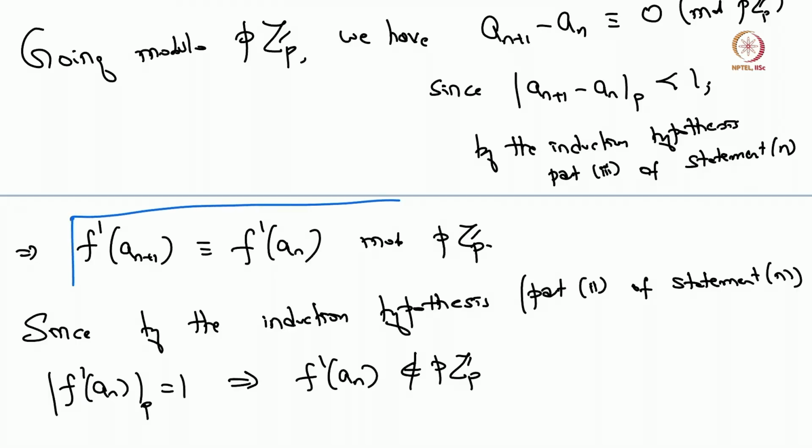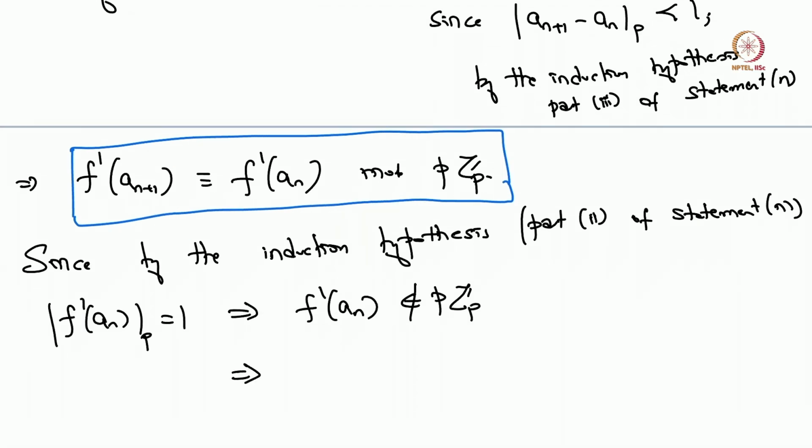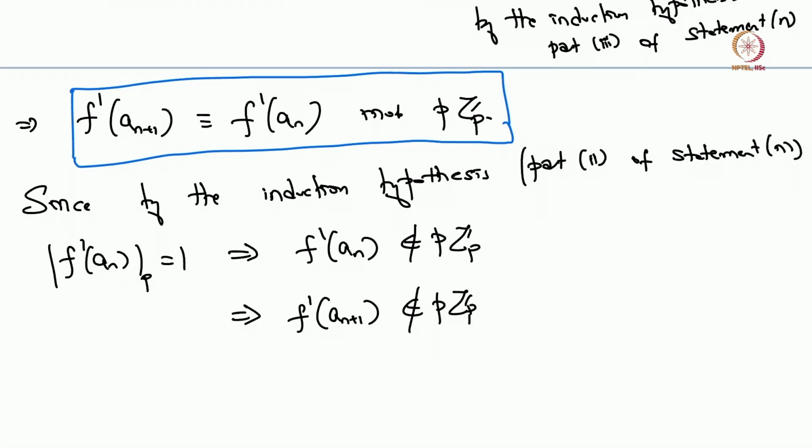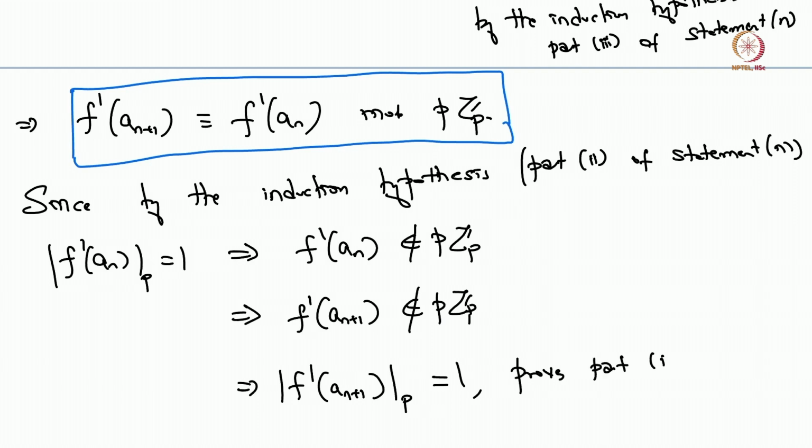And so now using the fact that f prime of a_{n+1} is congruent to f prime of a_n, since f prime of a_n does not belong to pZ_p, this means that f prime of a_{n+1} also does not belong to pZ_p. And another way of stating that is that in terms of p-adic absolute values, the p-adic absolute value of the derivative at a_{n+1} equals 1. And so this proves part 2 of statement n plus 1.